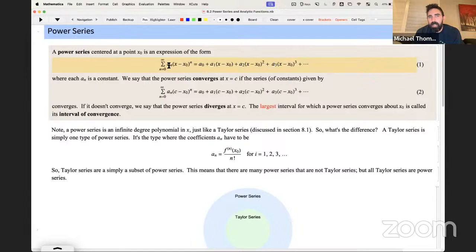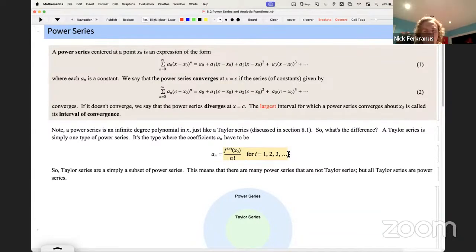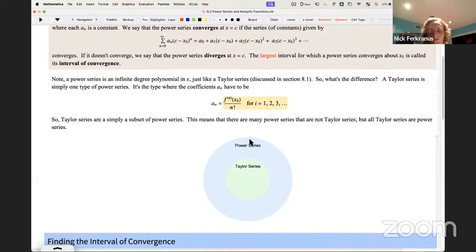So the a_n's can be anything. But a Taylor series is the special case where the constants have to be those guys. So put simply, a power series is more general, and a Taylor series is a specific type of power series. Is that okay? Okay.